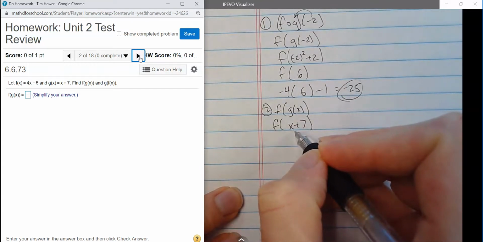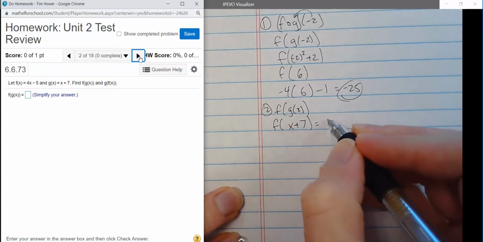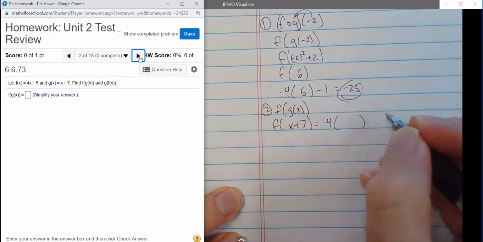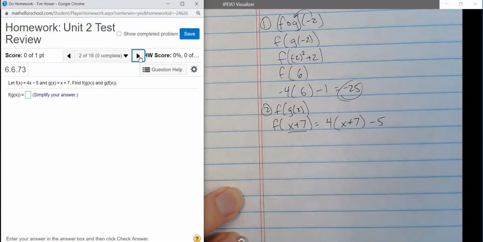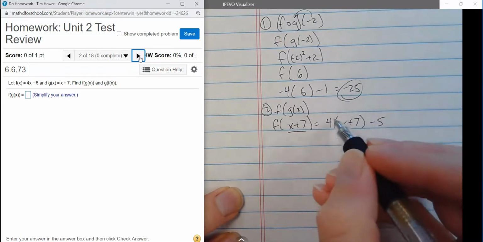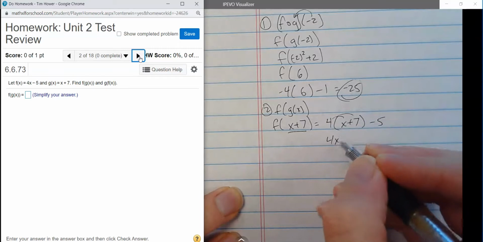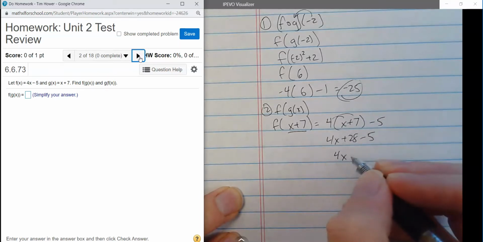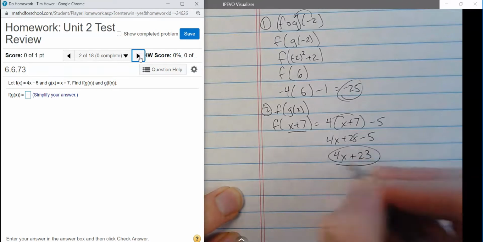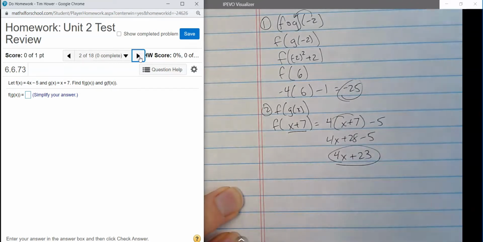And then f says to take 4 times whatever you're plugging in and then subtract 5. The thing I'm plugging in is x plus 7. So if I want to simplify this, distribute the 4, so 4x plus 28 minus 5, so it would be 4x plus 23 would be the first answer.